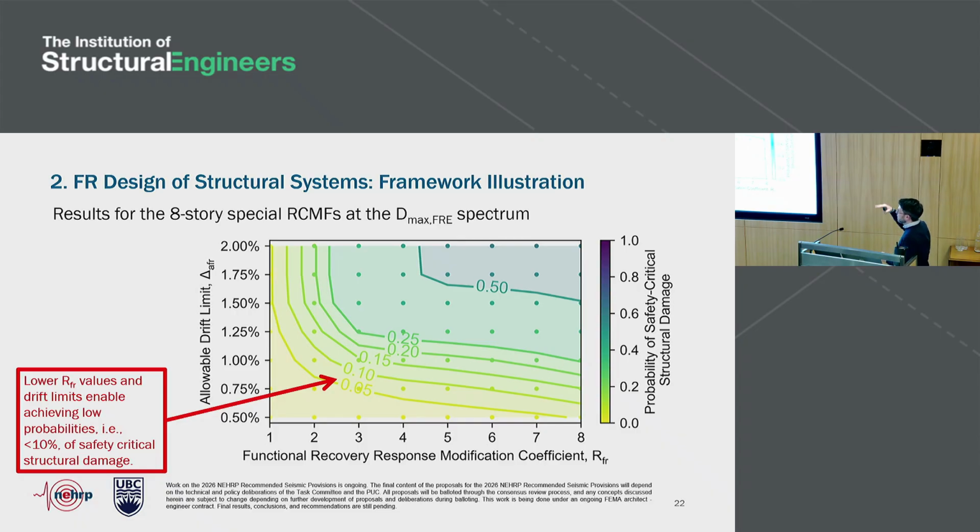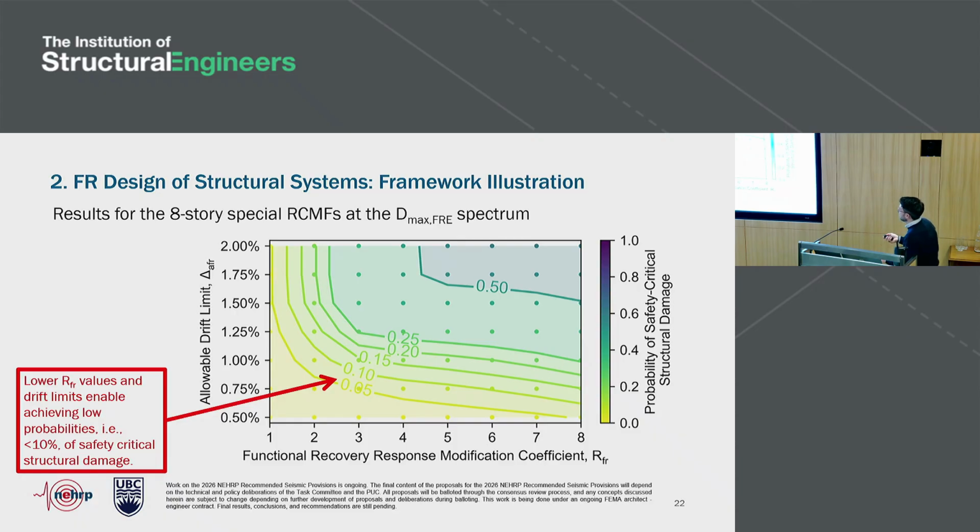And of course, we had to consider how that applied to the different heights that we're exploring and the different configurations for any given system, because these are going to be system specific. Another interesting thing that came out of this exercise is that you can start to tease out whether certain designs are going to be strength controlled or drift controlled. So for instance, if you look at moderate to high values of RFR, these lines become sort of horizontal.